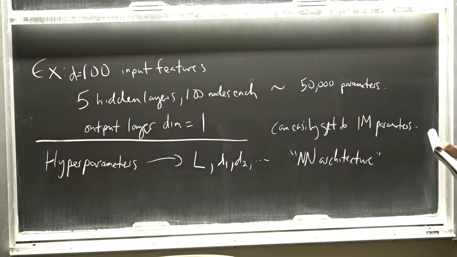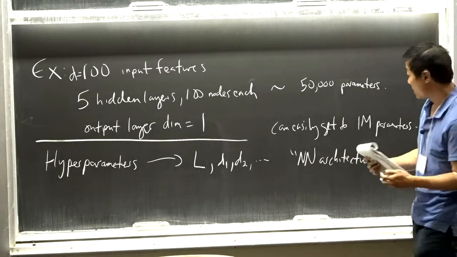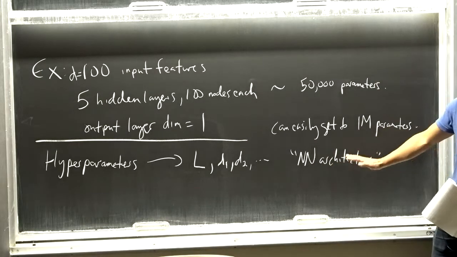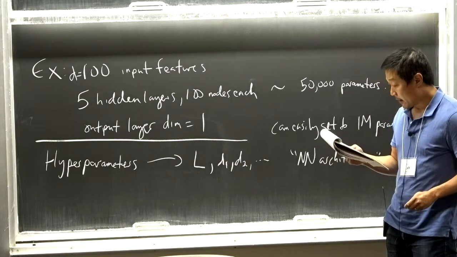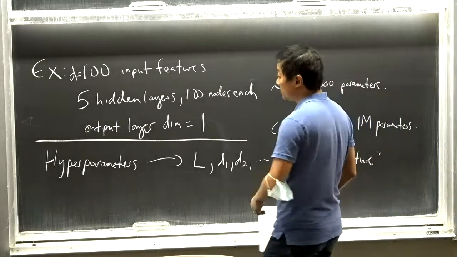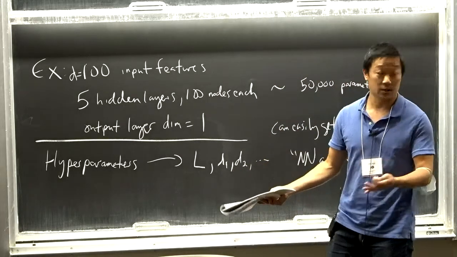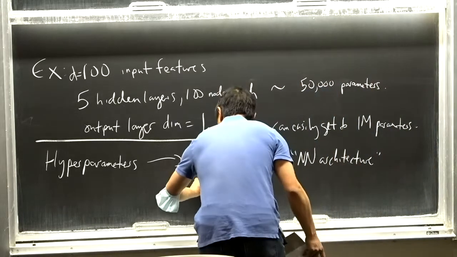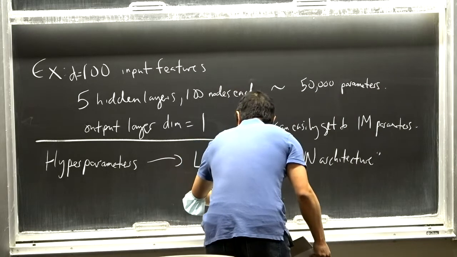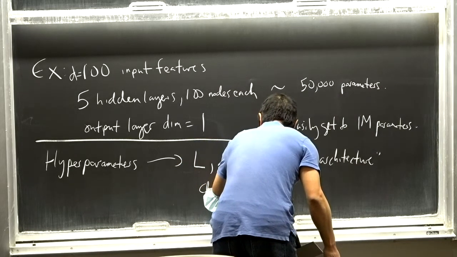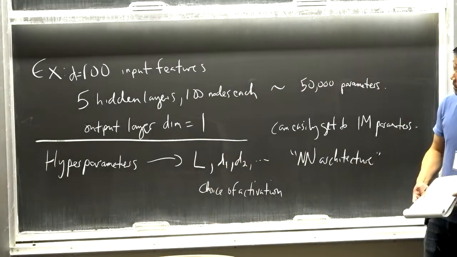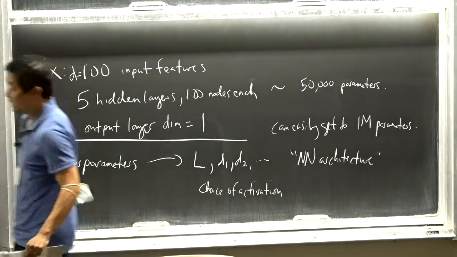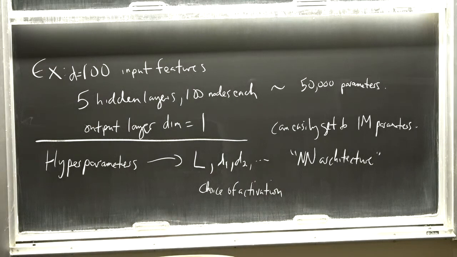So how we design this neural network is our choice, and the choice of design gets called the architecture of the neural network. Some hyperparameters are not just integers, some are discrete choices. So the choice of activation is in some sense a discrete hyperparameter, right? If we did something like leaky ReLU, that has a choice for the slope, that's another hyperparameter.